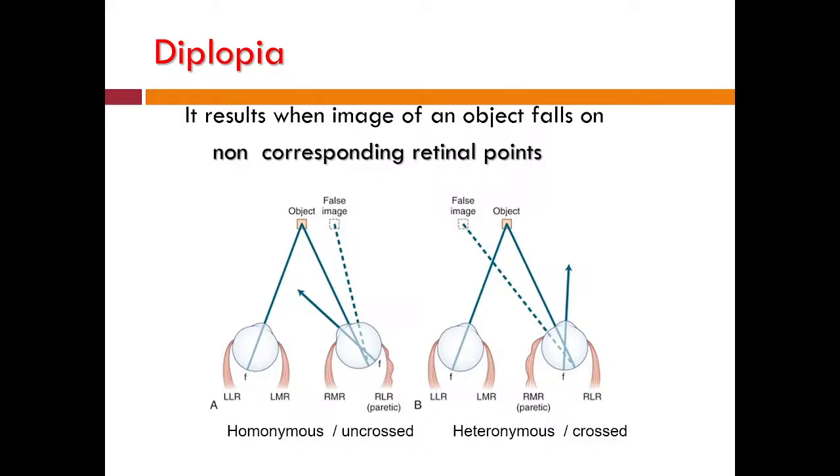So when there is an exodeviation, there is a crossed diplopia because the fovea shifted nasally, and the image falling on the temporal retina is projected nasally like this. So it is a crossing of the original and the other image. Here, in esodeviation, the image is falling on the same side of the paretic eye, so it's called an uncrossed diplopia.